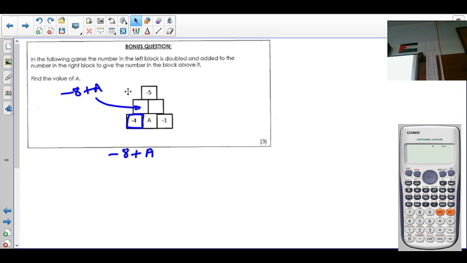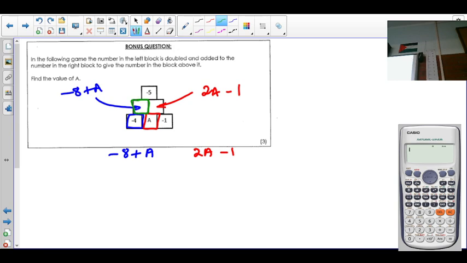Now on this side, that's the number in the left block. It's doubled. If I double A, what do I get? 2A. Plus negative 1, so 2A minus 1. Now the number in the left block is doubled and added to the number in the right block to give you negative 5.